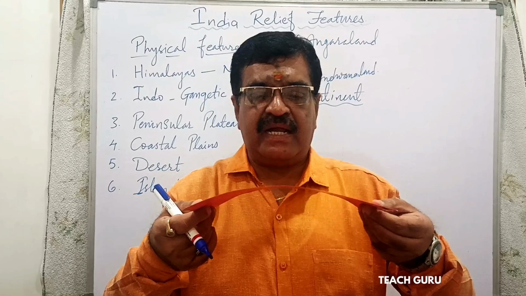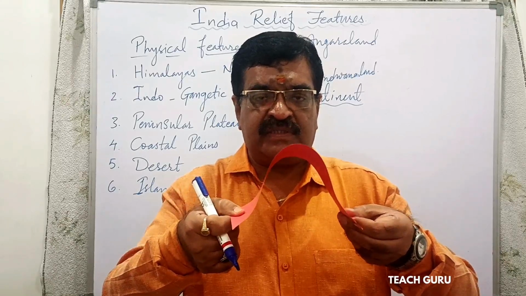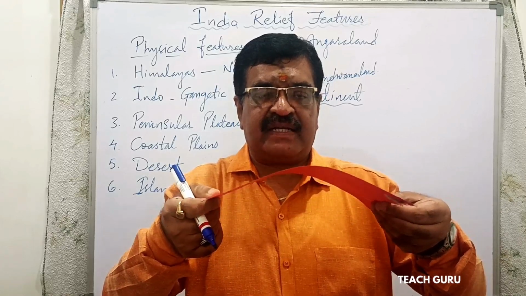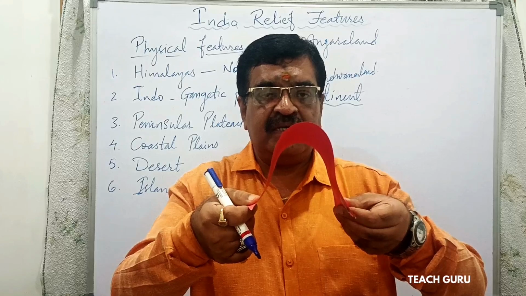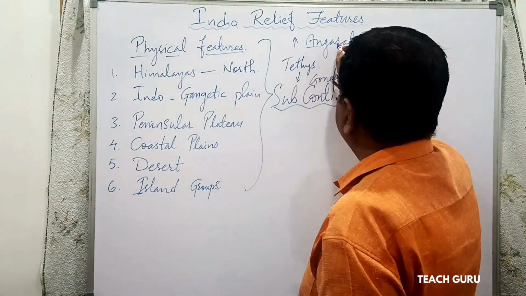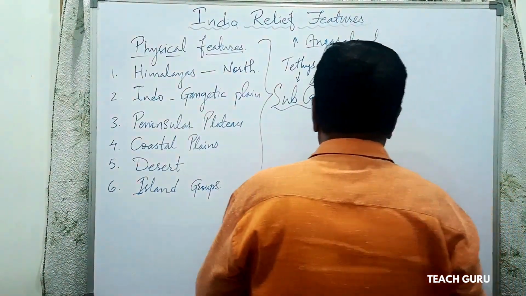So the Angara land started moving towards the Gondwana land, and the Gondwana land started moving towards the Angara land, like this. Just as this paper gets raised from its flat surface, likewise the Himalayas have been raised because of the tectonic force applied by the Angara land and the Gondwana land.